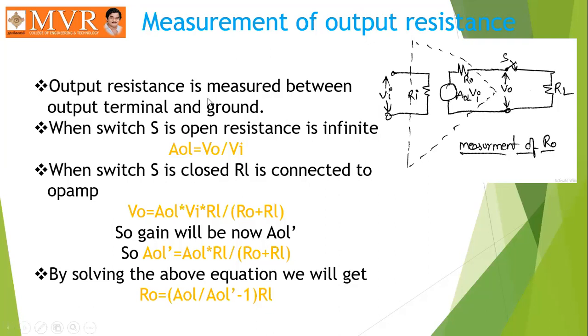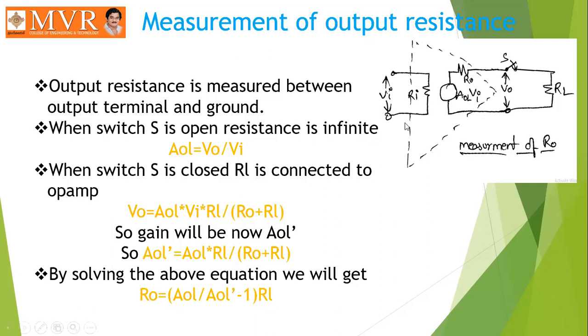First, output resistance is measured between the output terminal and the ground. When the switch is open, the output acts as an open circuit, which means the open circuit resistance is infinite.